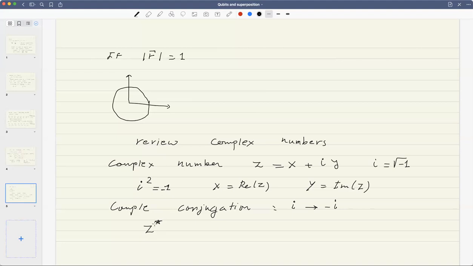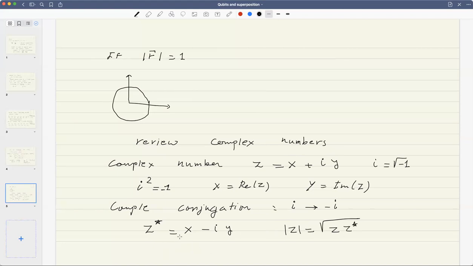So z star is the complex conjugate of z, and that's written as x minus i y. x and y are real. The complex conjugate of a real number is the same; this operation doesn't do anything to real numbers, and it changes i to -i. And then the absolute value of a complex number is defined as the square root of z times z star.